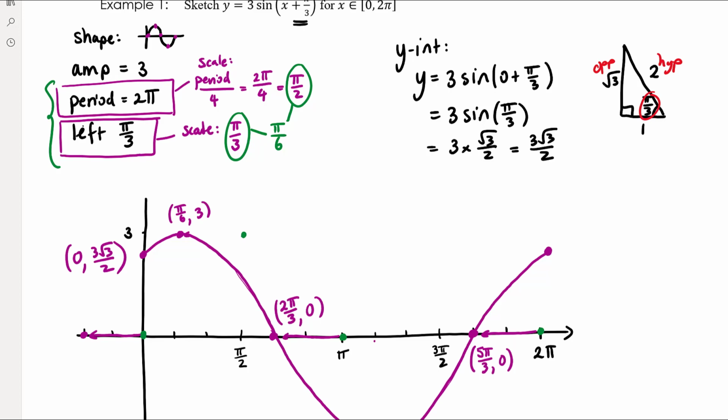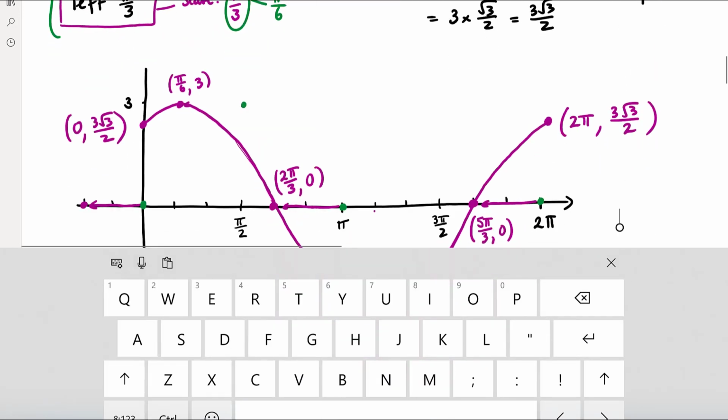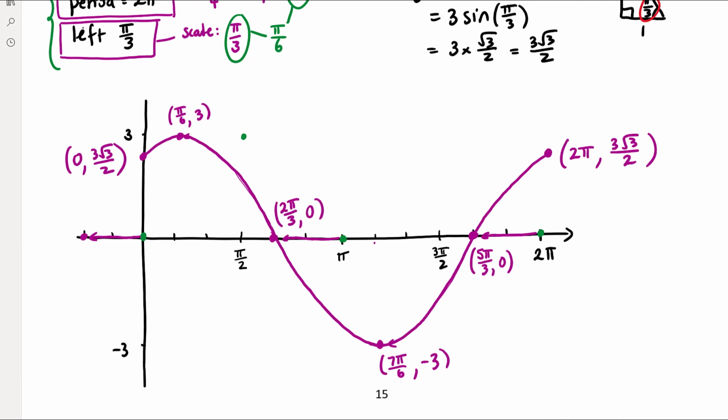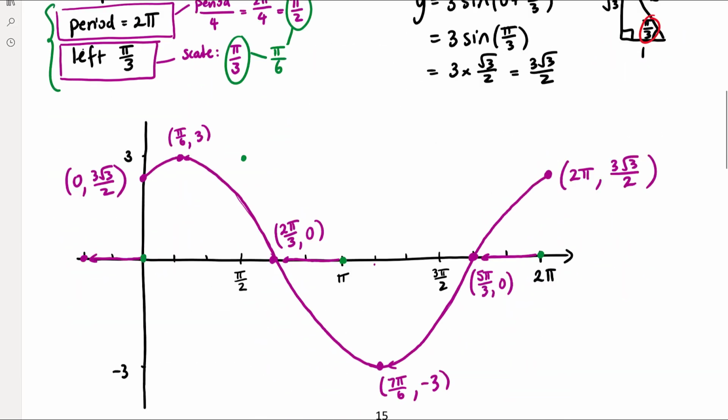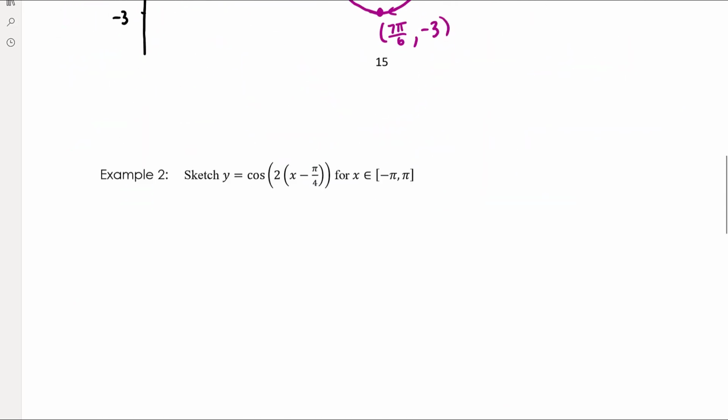And my end point, which has an x-coordinate of 2 pi, will have the same y-coordinate as my y-intercept because they are a full period apart. Okay, so they have the same y value. And so therefore, there is my graph, in purple, of y equals 3 times sine of x plus pi on 3. Okay, let's draw another one.